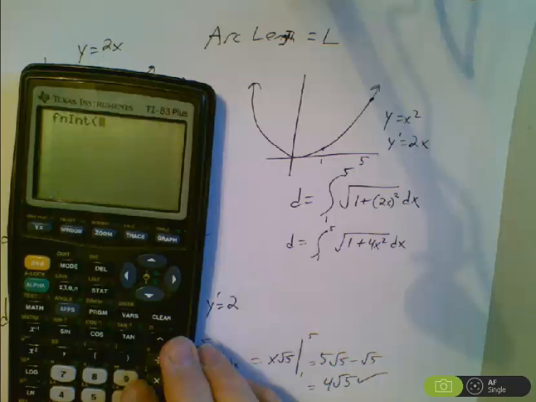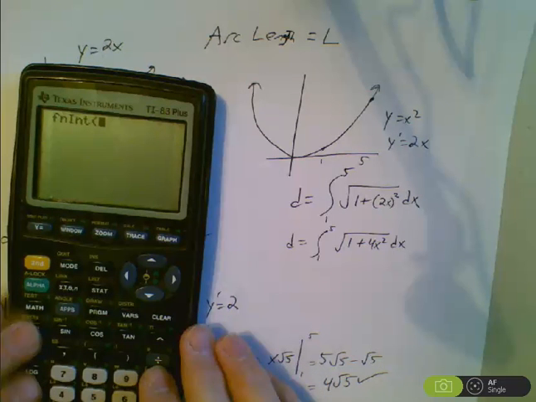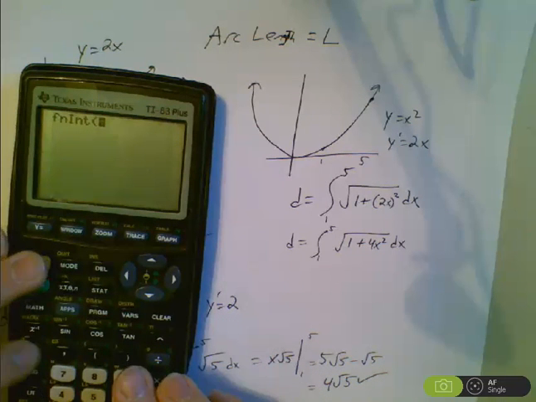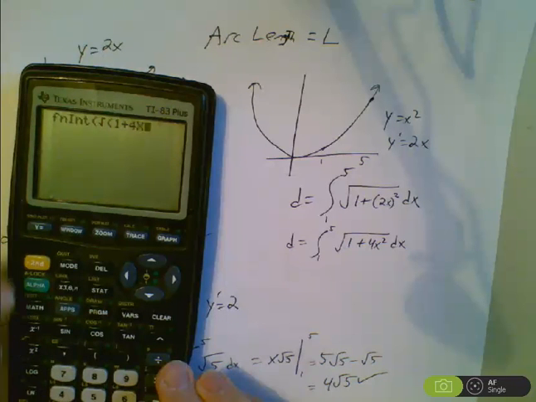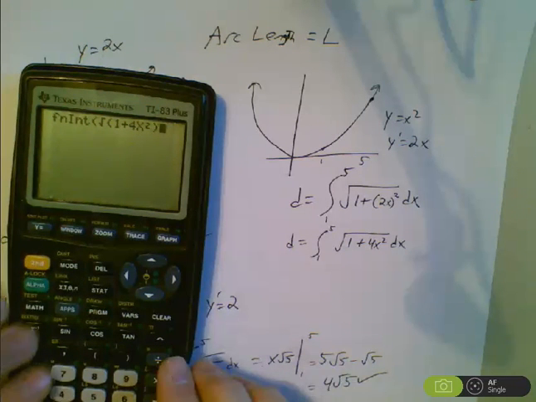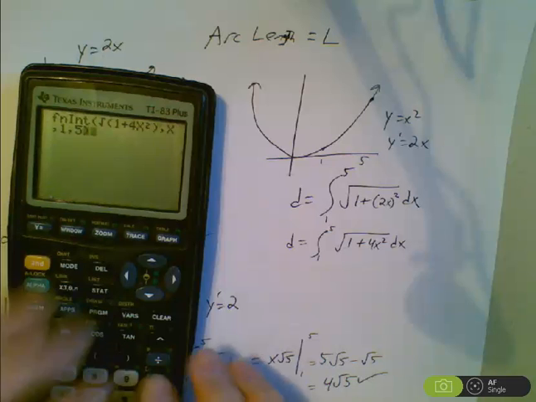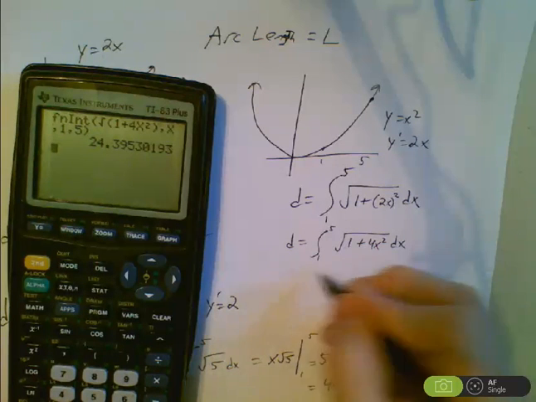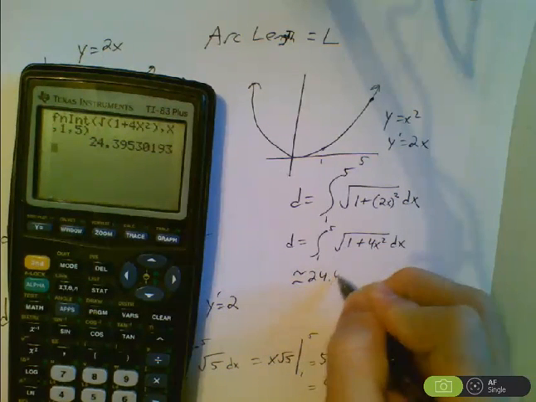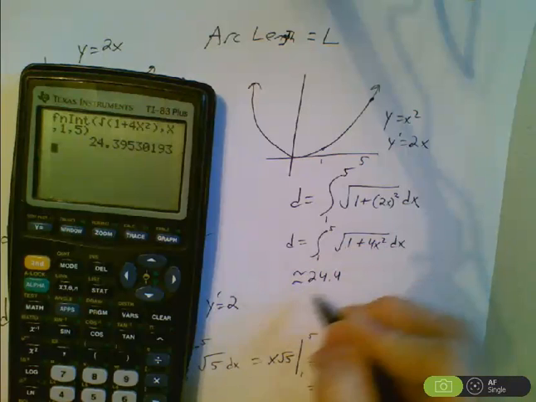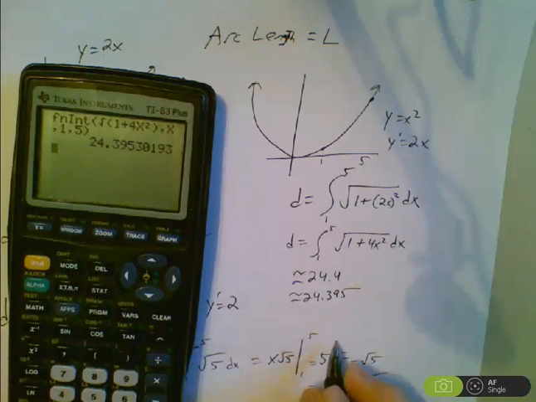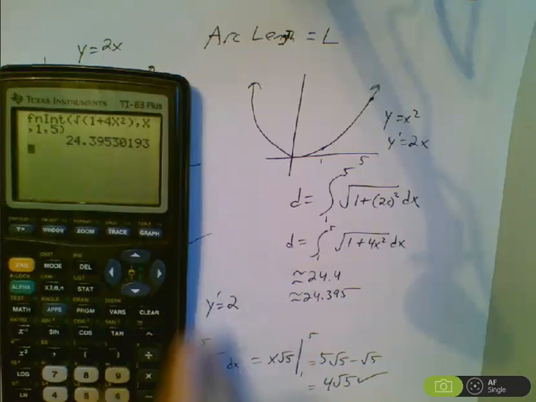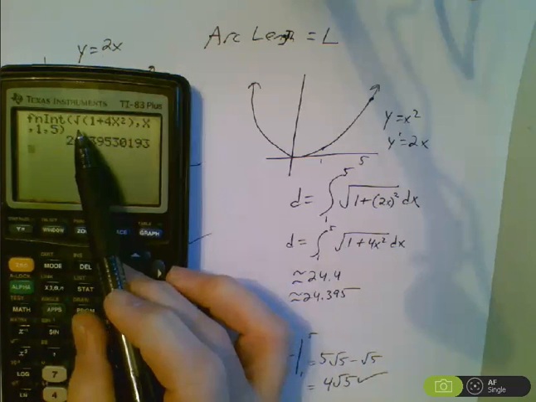Let's see, we need the square root of 1 plus 4x squared. So square root of 1 plus 4x squared, close the square root, comma x, comma 1, comma 5. And this is approximately 24.4, or AP style, 24.395. Okay? So again, it's just the integral of the square root of 1 plus 4x squared.